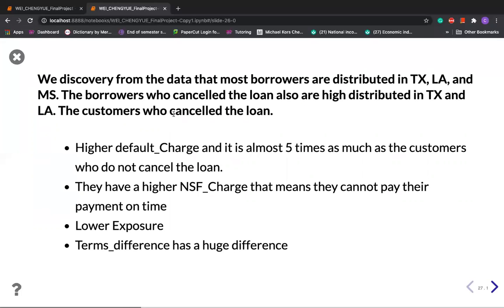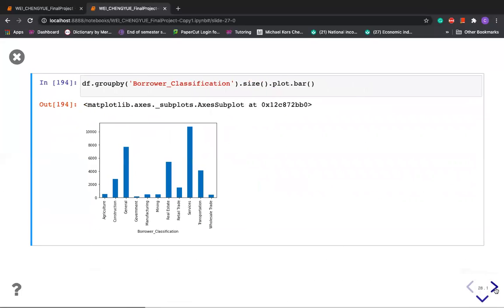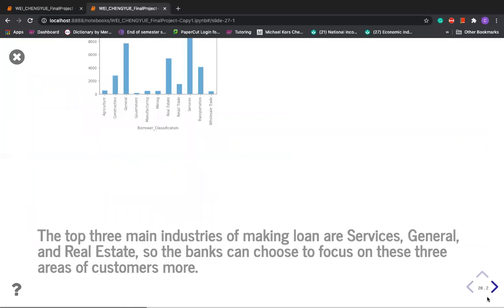The customers who cancel the loans have a higher default charge, almost 5 times as much as the customers who do not cancel the loan. They have a higher NSF charge, which means they cannot pay their payments on time, and the terms difference is huge. We can also tell from the table that most of the customers who take a loan belong to the service industry, real estate, and general.